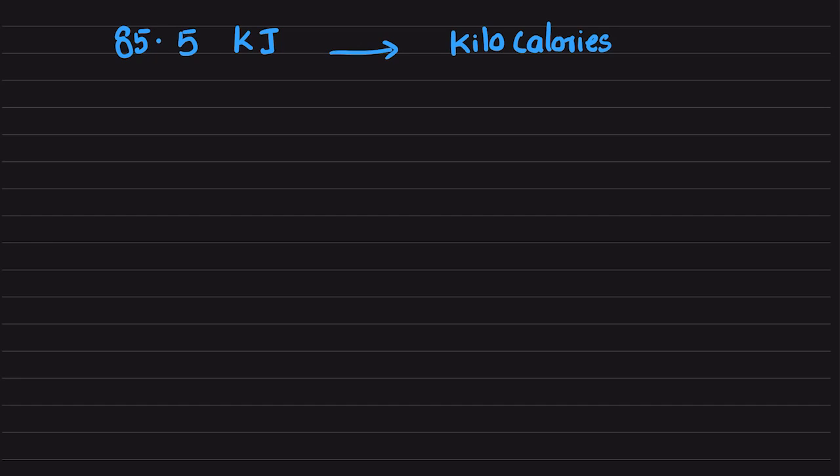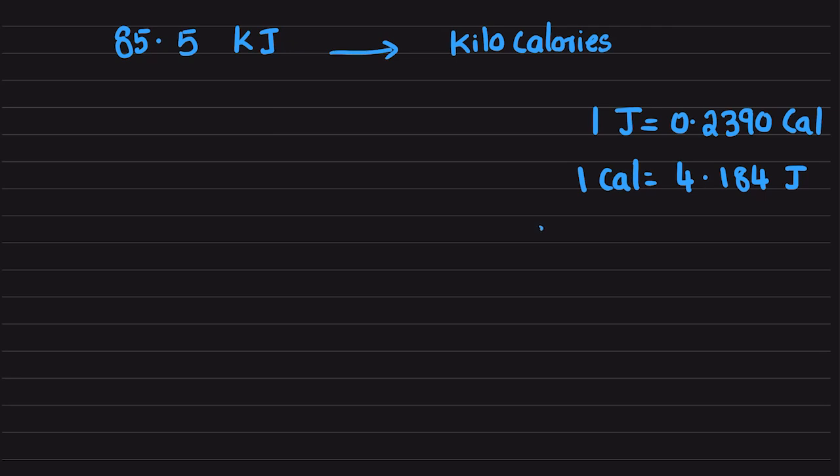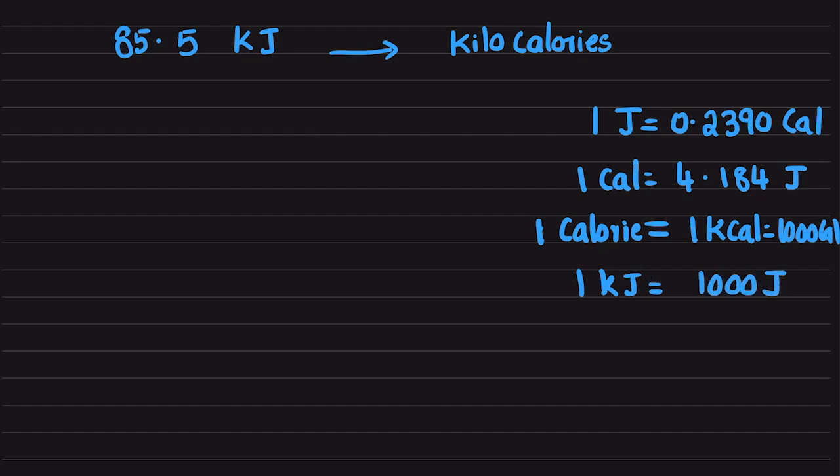So again I'm writing 1 joule equals 0.2390 cal. 1 cal equals 4.184 joule. 1 Calorie equals 1 kilocal, which is equal to 1000 cal. 1 kilojoule equals 1000 joule.